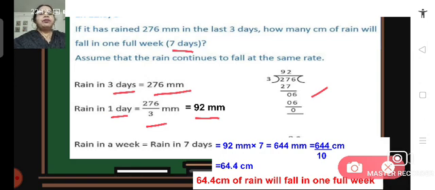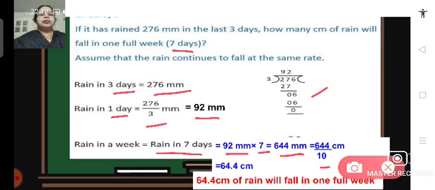Now rain in 1 week, that means in 7 days, will be 92 millimeters multiplied by 7. When we multiply 92 millimeters by 7, we get 644 millimeters. But we have to find the rain in centimeters. To convert millimeters into centimeters, we divide 644 by 10. Why?